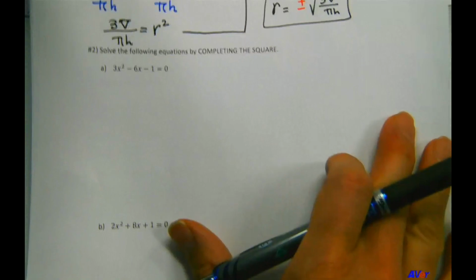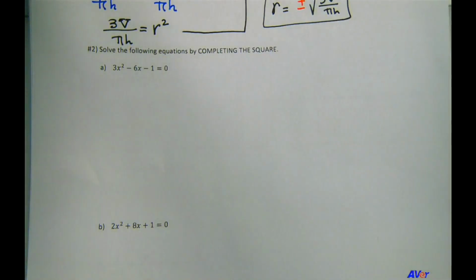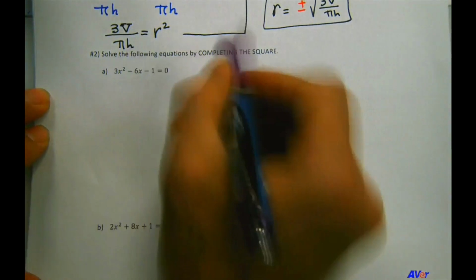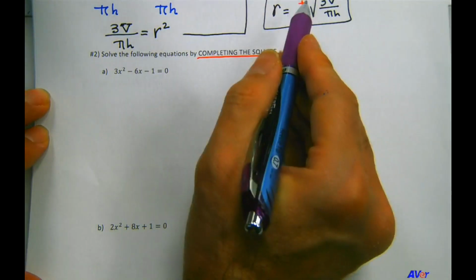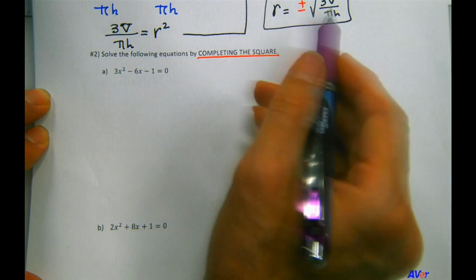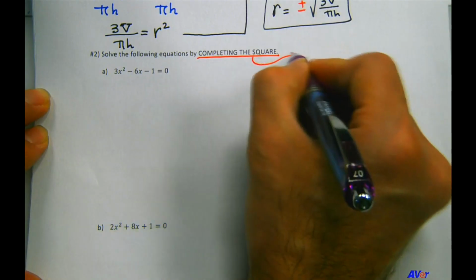Completing the square, or solving the following equations by completing the square. I should have clarified that. The method of completing the square is only used with quadratic equations. Completing the square, let me add that here.